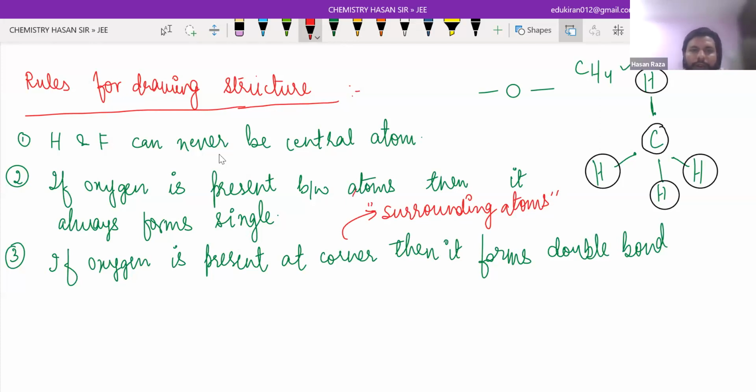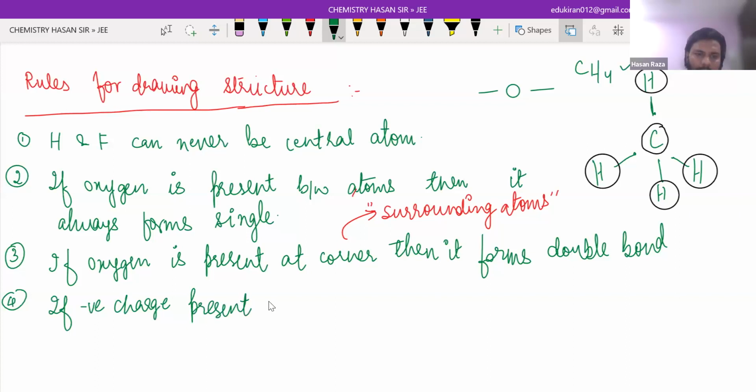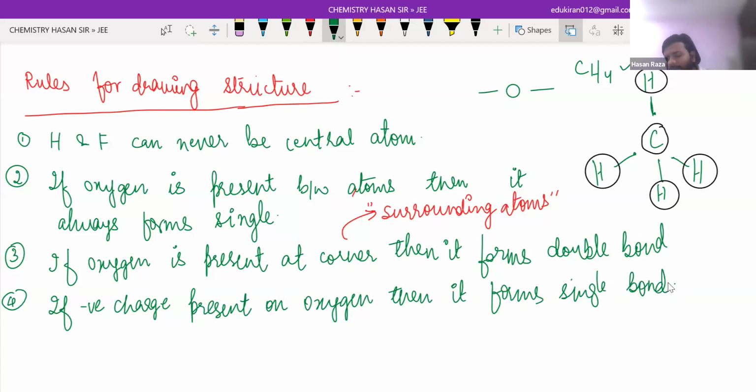Moving to the next rule, which is also very important, the fourth rule: if negative charge is present on oxygen, then it forms single bond. Actually, we generally draw the structure of oxy acid or oxo acid.